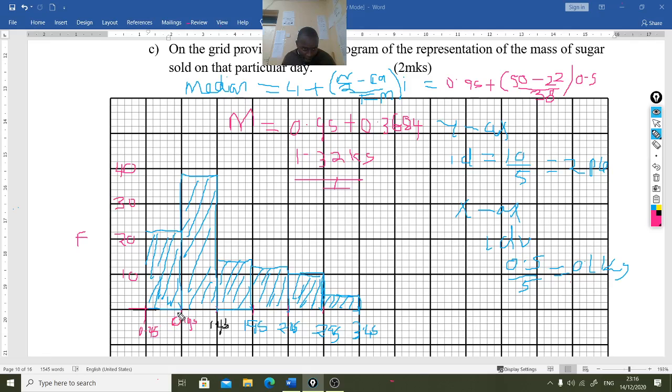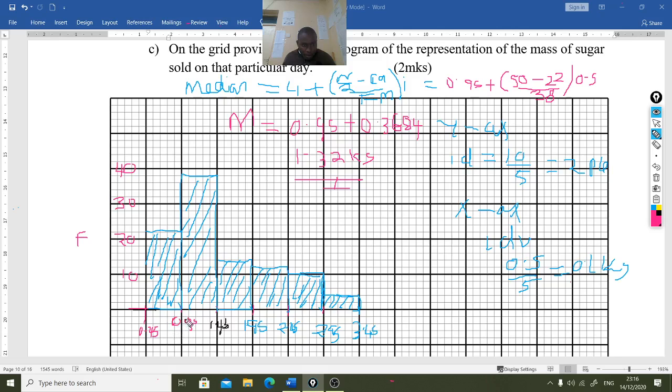Remember, counting 1, 2, 3, 4, 5, one division has 0.1, 0.2, 0.3, 0.4, 0.5.